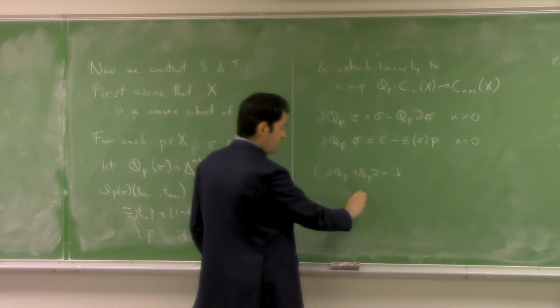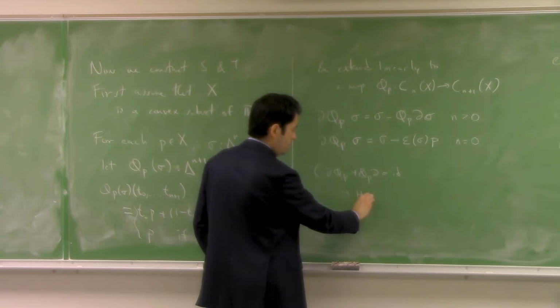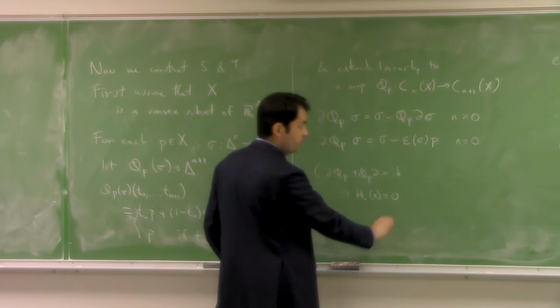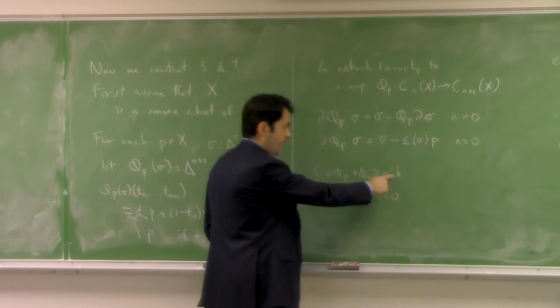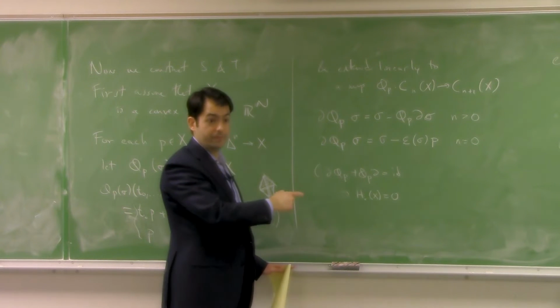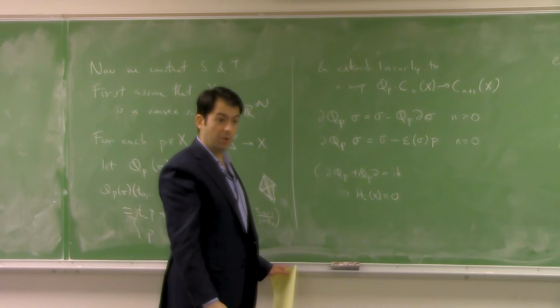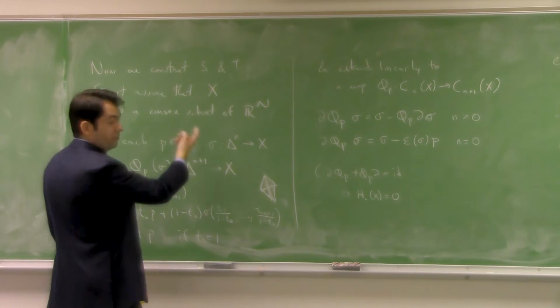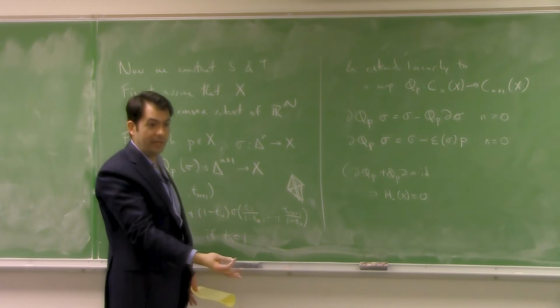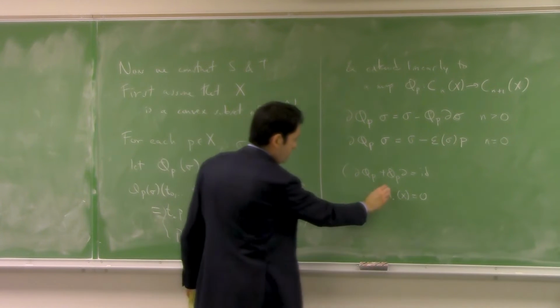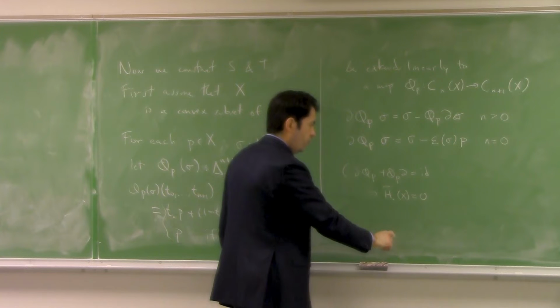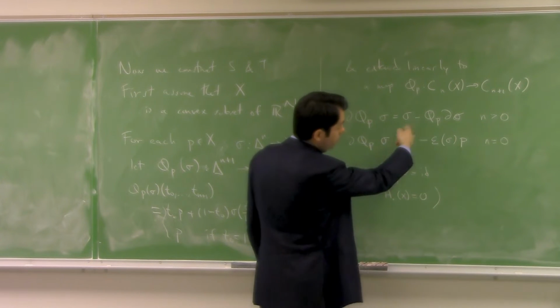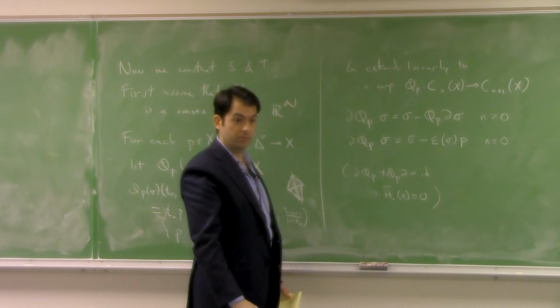So that tells us that the homology of X is identically 0, because it says that the identity map induces the trivial map in homology. But of course, we already knew that because X is a convex subset of R^n, so it's contractible, right? So we already knew this, but this would be another proof.